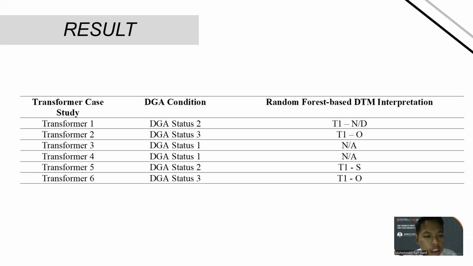For transformer number 3 and 4, got the condition as status 1, so we don't need to calculate the fault identification. For transformer number 5, got status 2 condition with the low thermal fault and stray gassing. And for the last one, transformer number 6, got status 3 with the low thermal fault and overheating.